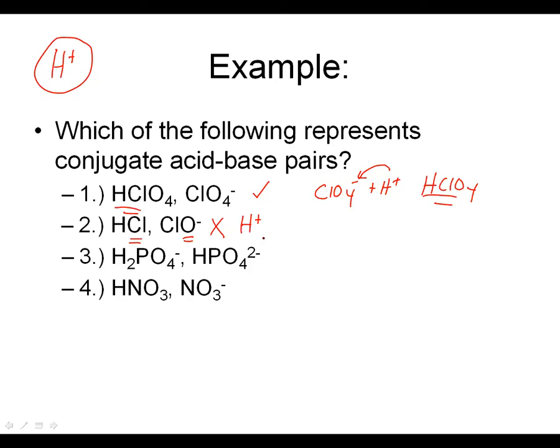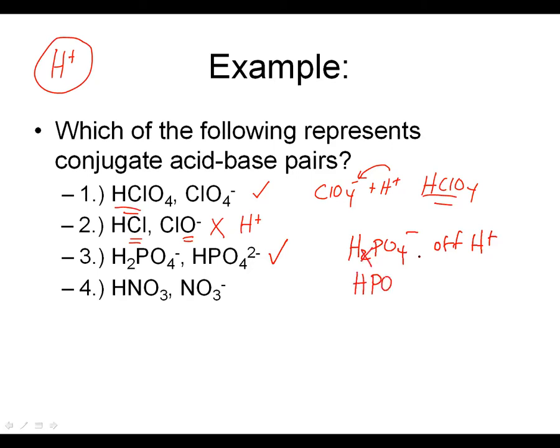H2PO4 minus and HPO4 2 minus, these guys are pairs. The only difference is 1 H plus. And again here, if you look at H2PO4 minus and you take off the H plus, that is going to get rid of one of those hydrogens, leaving us with HPO4. And now this is what I was talking about earlier.